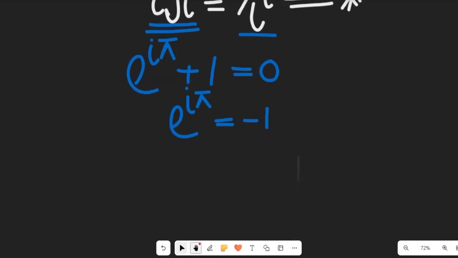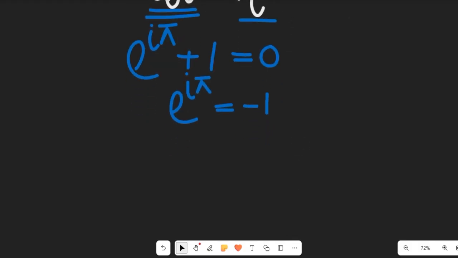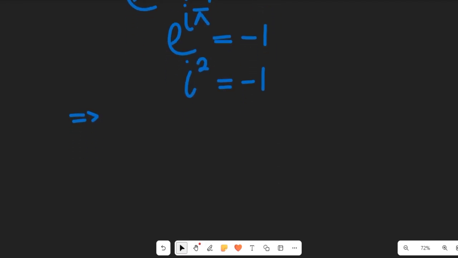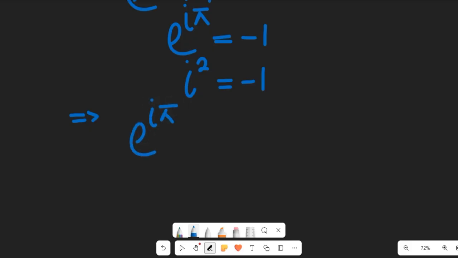And if you recall, since i squared is equal to -1, I can simply turn this expression to give me the value that e to the power of i pi can simply be equal to i squared.